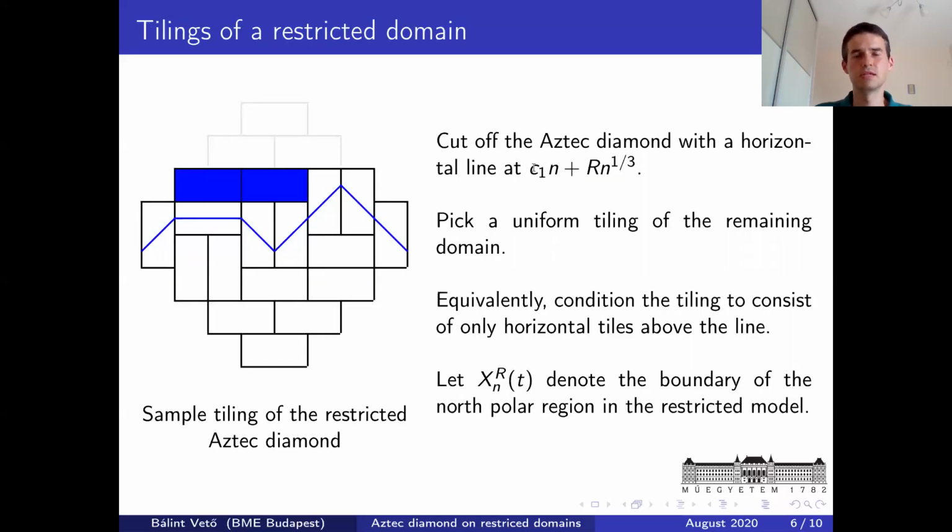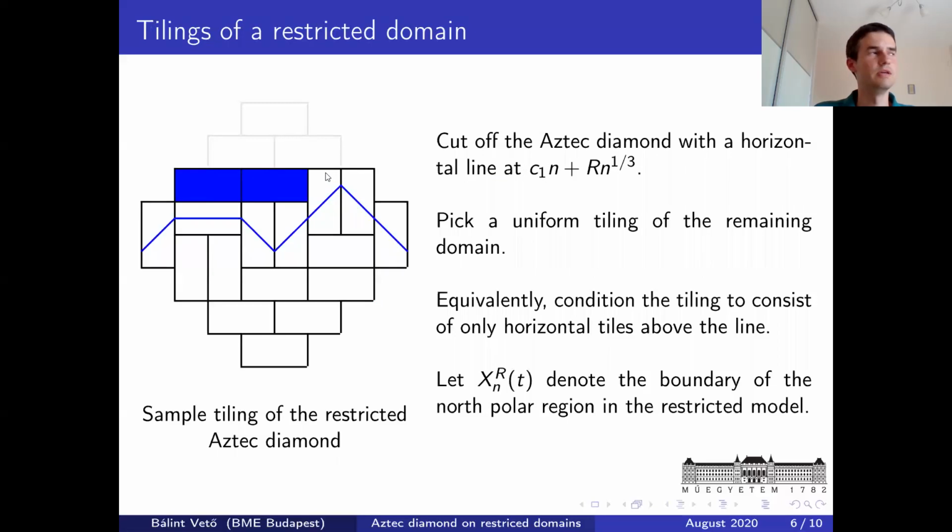This is the most interesting leading order, because if we took something larger than c_1, then it has no effect in the limit on the behavior. If it is smaller, then also we expect something slightly interesting happening.